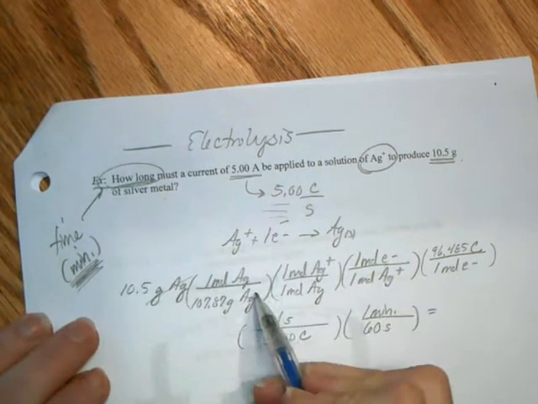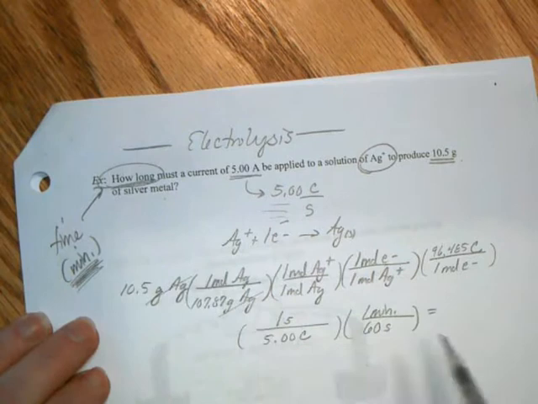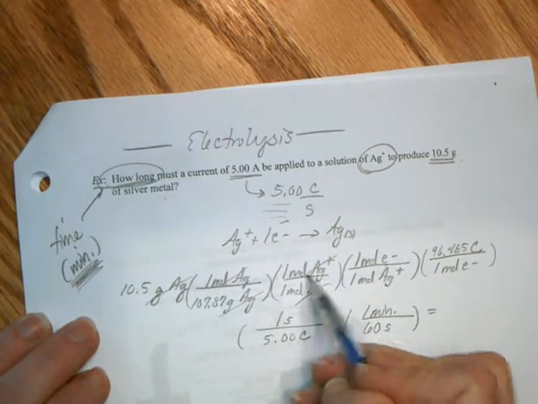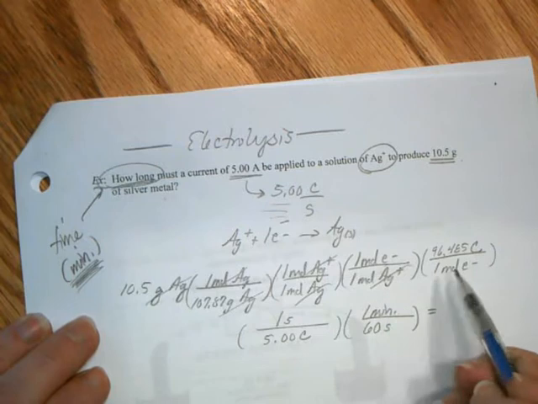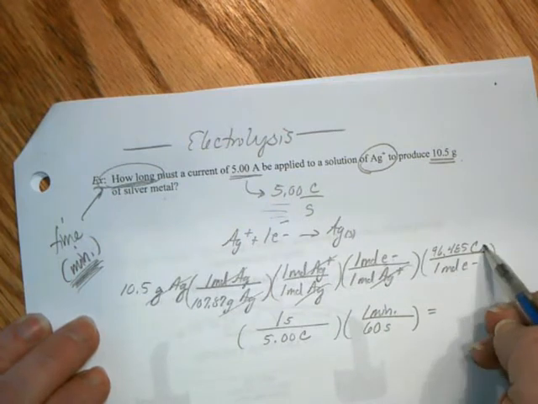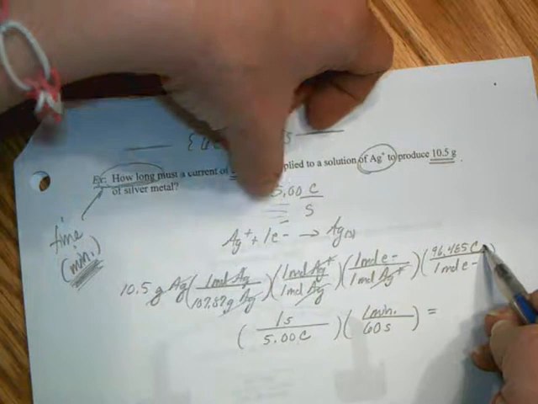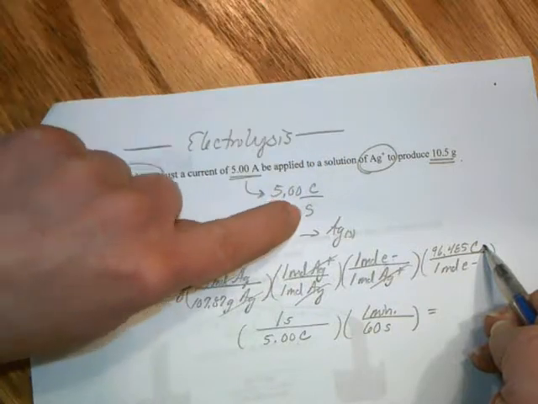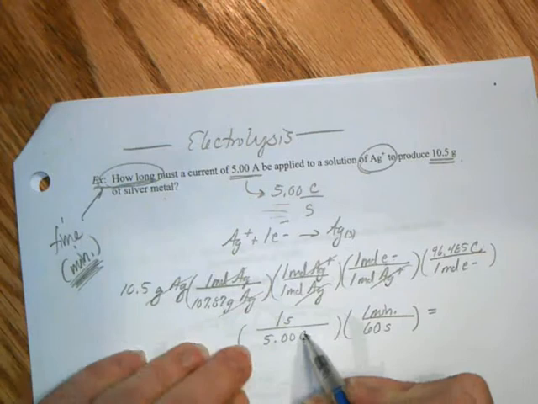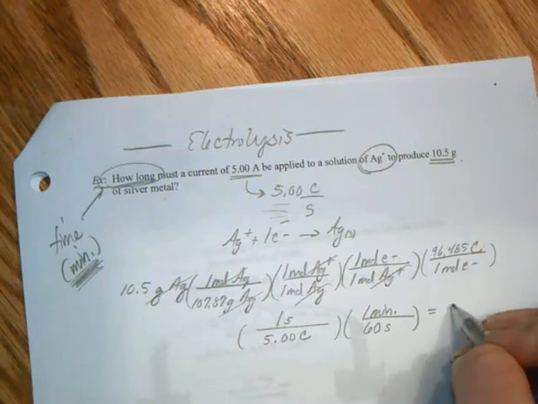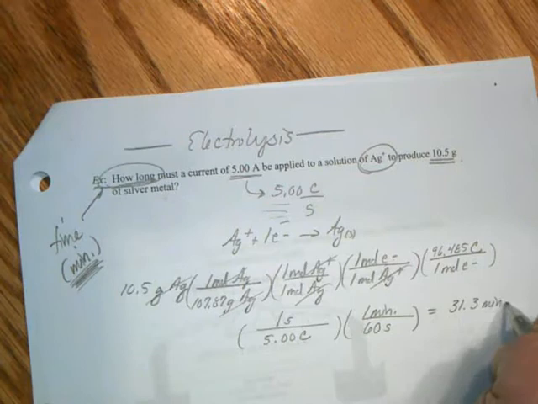I've canceled mass of silver, gotten into moles of silver, gotten into the ion, gotten in terms of moles that I'll need to reduce all of that ion, used the Faraday relationship to be able to get into coulombs, because here is my element of time, which is transferred in terms of amps. So 5 coulombs per second, and then getting us to minutes, and with sig figs, this will take 31.3 minutes.